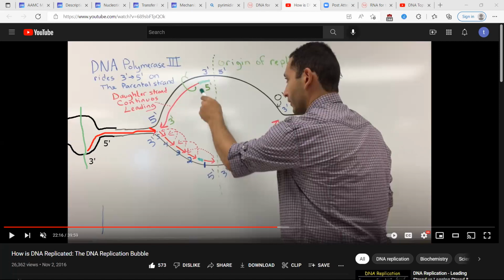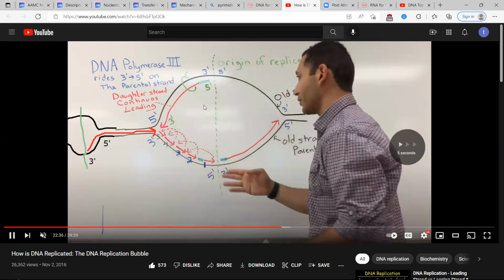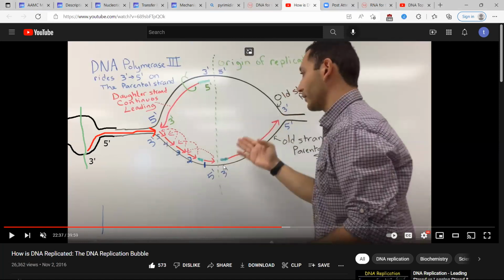Leading is always 3 to 5, because 3 to 5 in the parent strand and 5 to 3 in the building strand. It's leading because it's just going continuously, and the lagging one is slower because it needs to keep hopping backwards. And then we see on this side, this one is continuous here, but then over here is going to be the lagging strand.